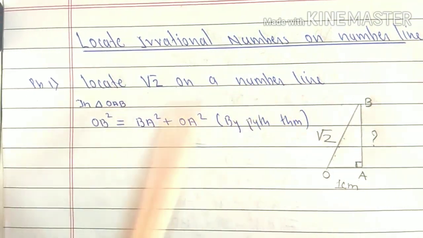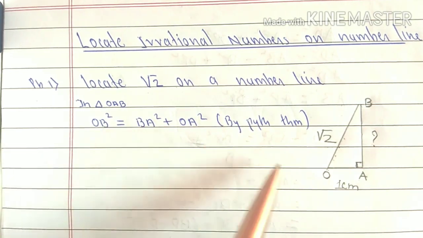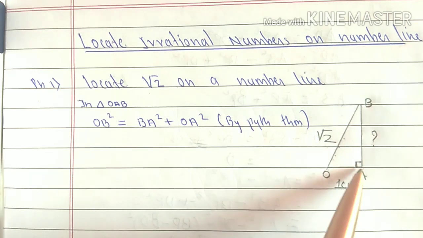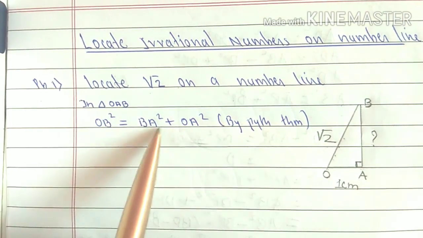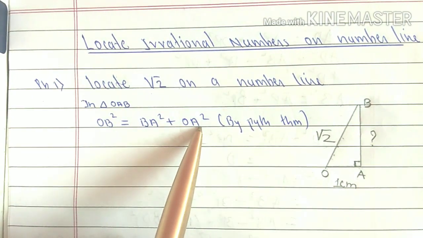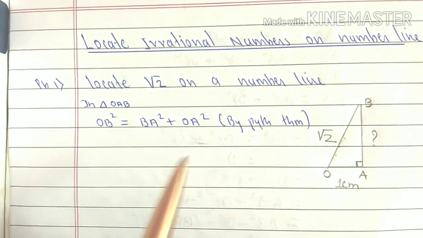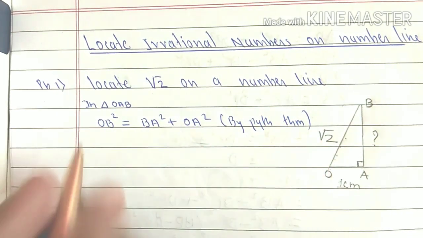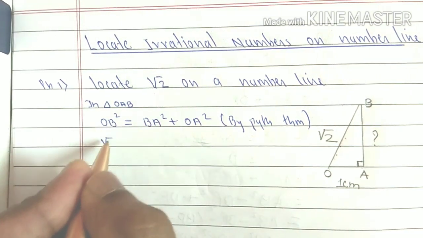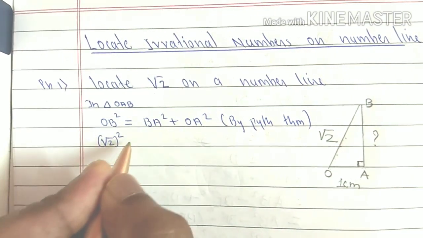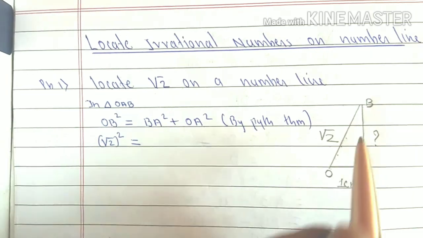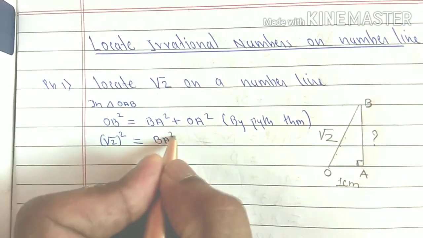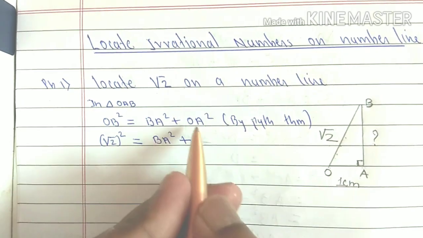OB square, hypotenuse square, is equal to BA square plus OA square. Now substitute the value of OB. OB is root 2, so root 2 the whole square is equal to, BA is not given, so I will keep this BA as it is, BA square plus OA.